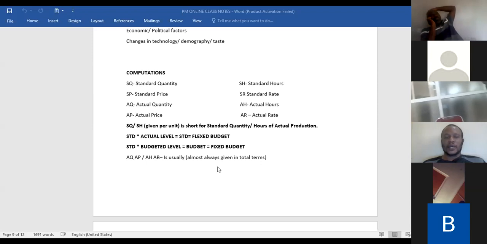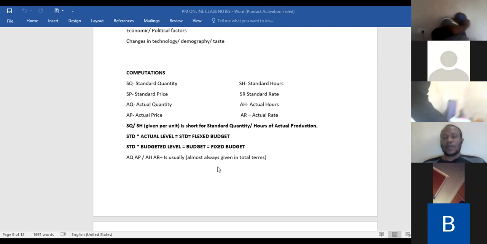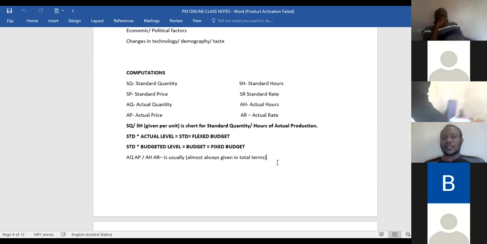Now, actual quantity, actual price, actual hour, actual rate, that's the base of our pro forma, which we are going to see now, is almost always given in total terms. So some of those things are things that from experience I have seen, and those things I like to mention, so that as you start getting understanding, after a week or so, after maybe 4 classes of doing this variance computation, so today, Tuesday evening, Saturday and Sunday, by the end of Sunday, if you come back and look at these things that we've written here that are just looking very theoretical, you will now start being able to join things together.